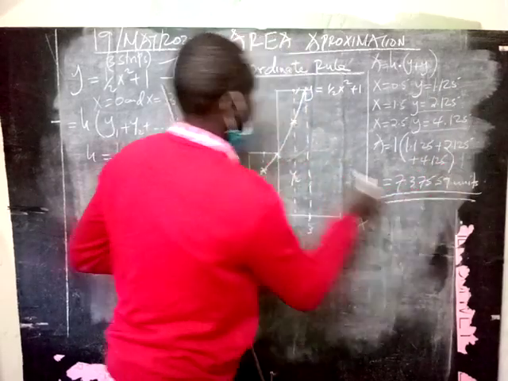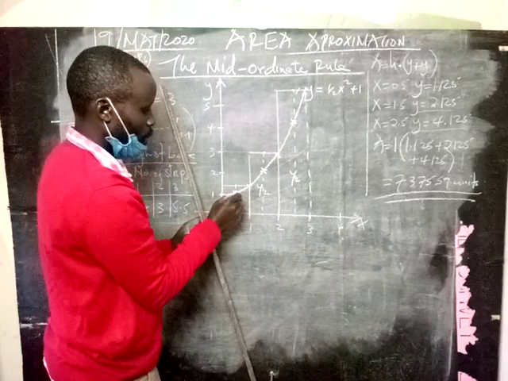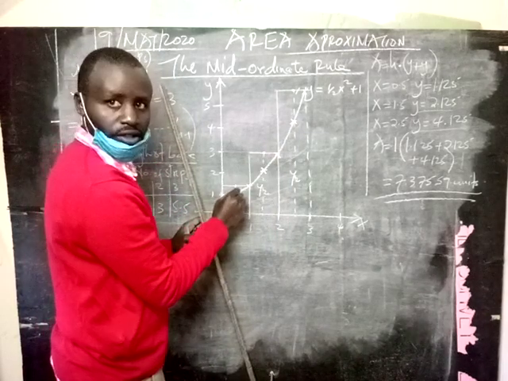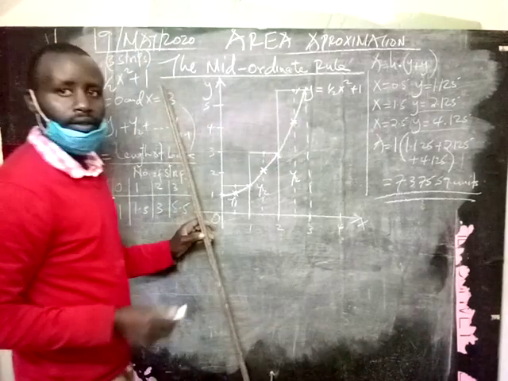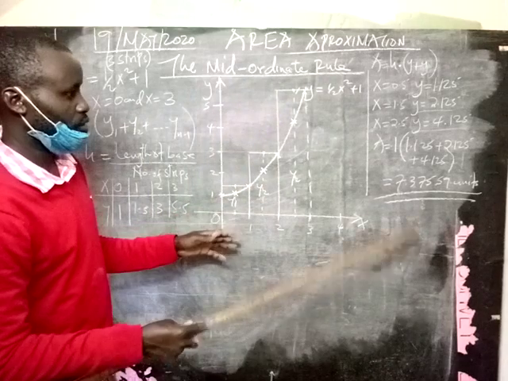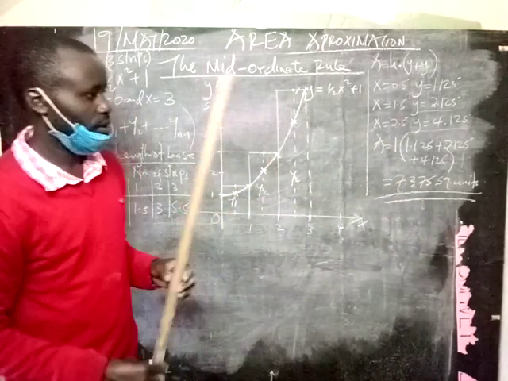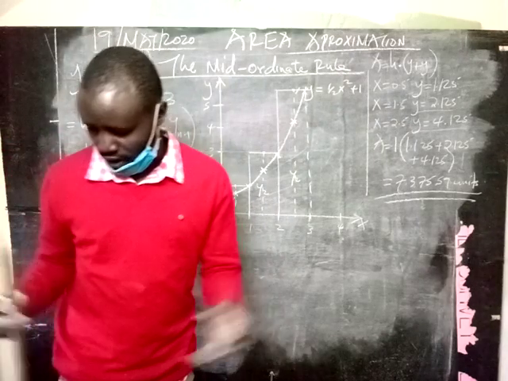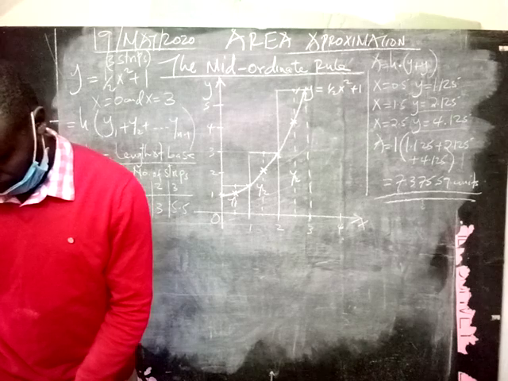All these three values are this one, this one, and this one. Note the positions where that mid is cutting the curve. Here, here, and here. That is where you have your y, so that when you sum all of them, you are going to get 7.375.